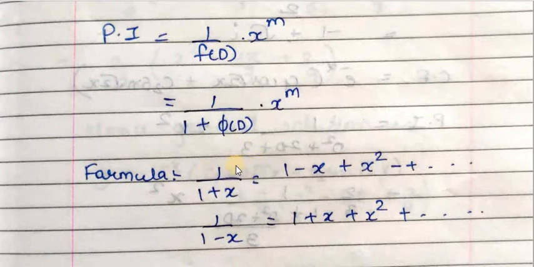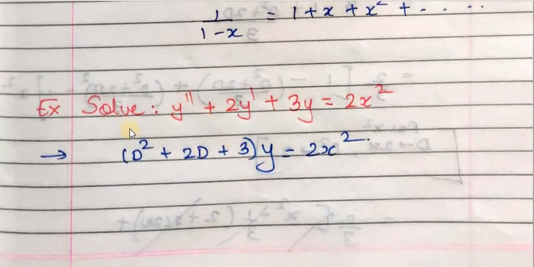The formula for (1 plus x) raised to minus 1 is 1 minus x plus x square minus and so on, and for 1 over 1 minus x, which is (1 minus x) the whole raised to minus 1, it is 1 plus x plus x square and so on. So we will apply this formula on the function x raised to m.